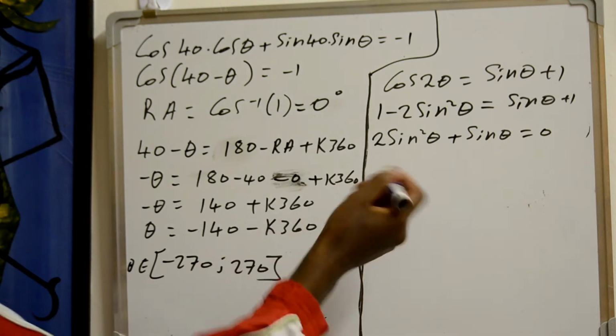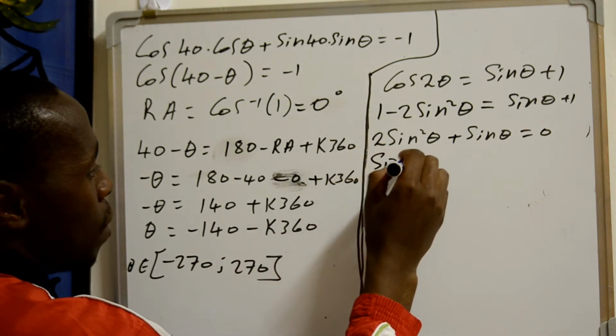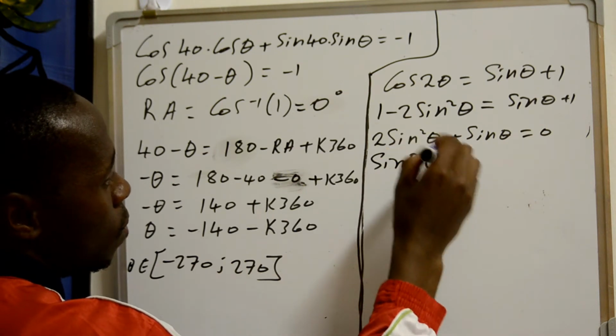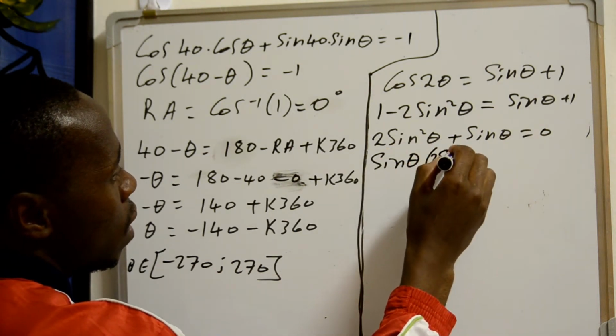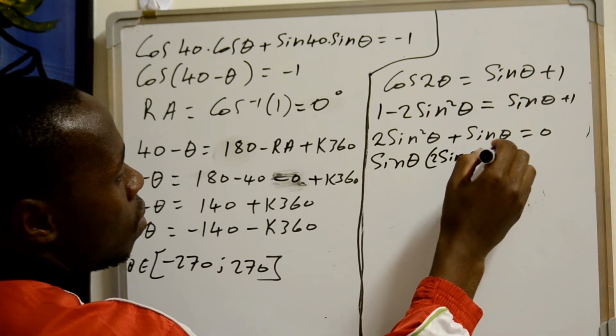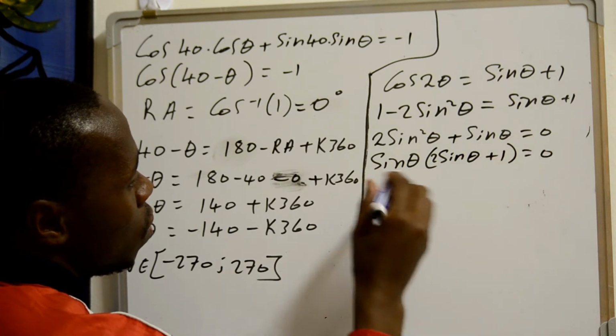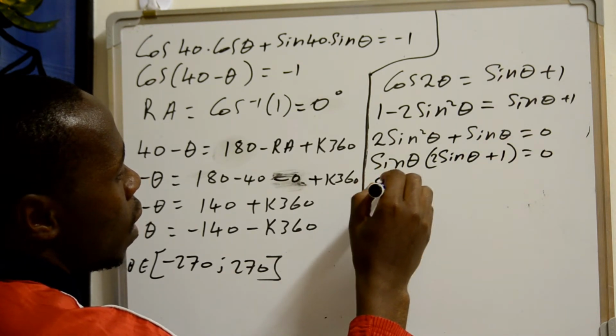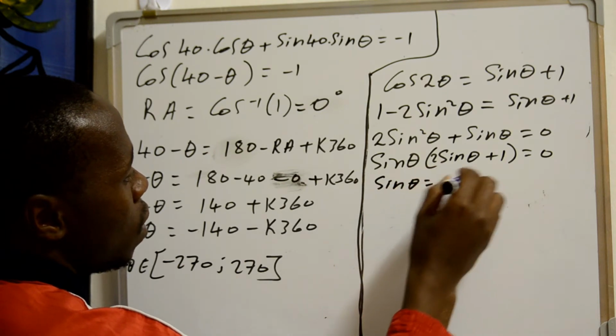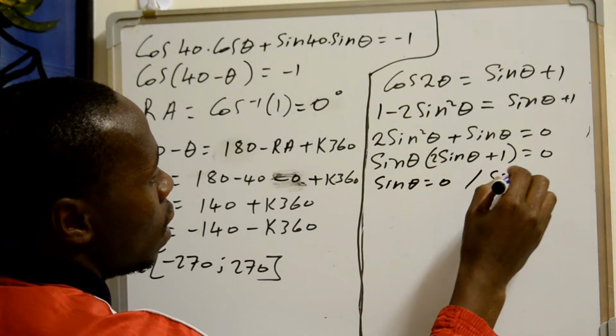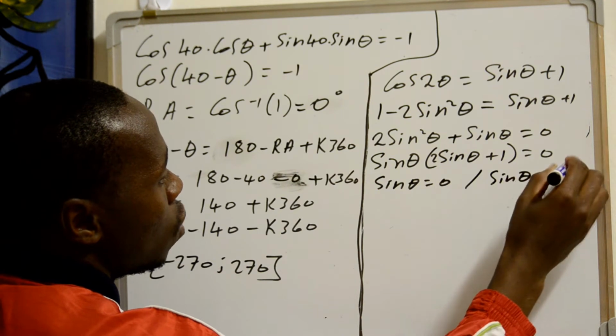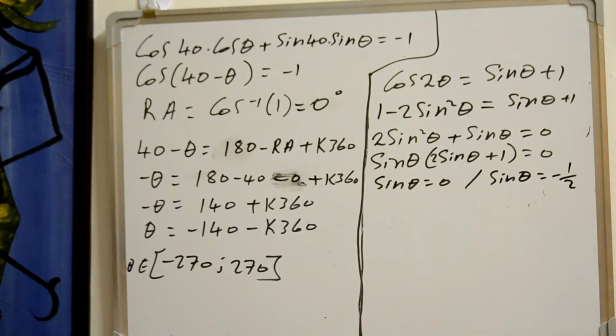Keep a common factor. You don't have any problem. So this is sin θ times 2 sin θ plus 1 equal to 0. Then sin θ equals 0 or sin θ equals minus half. Then you solve the general solution.